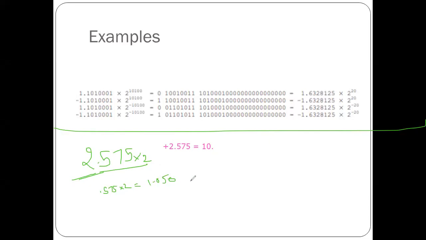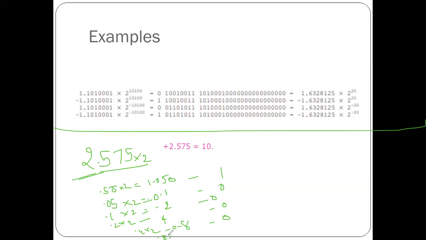Right, 105. So we'll be leaving 1, and 0.5 into 2, which is nothing but 0.1, 0. 0.1 into 2, 0.2, 0. 0.2 into 2, 0.4, 0. 0.4 into 2, 0.8, 0.